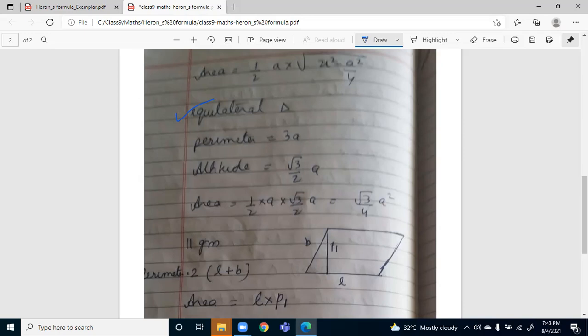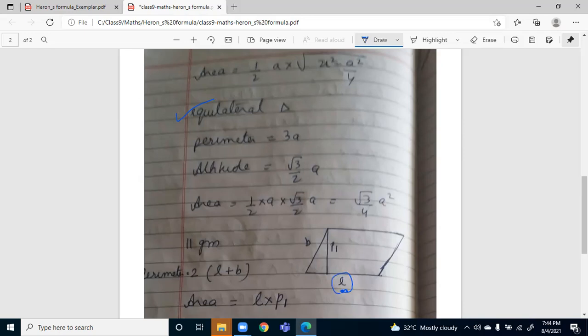Yes, ma'am. So the parallelogram, as you can see, has length and breadth, and this is the perpendicular distance. P1 is the perpendicular distance between these two opposite sides. So I can find the area of the parallelogram as base into height.